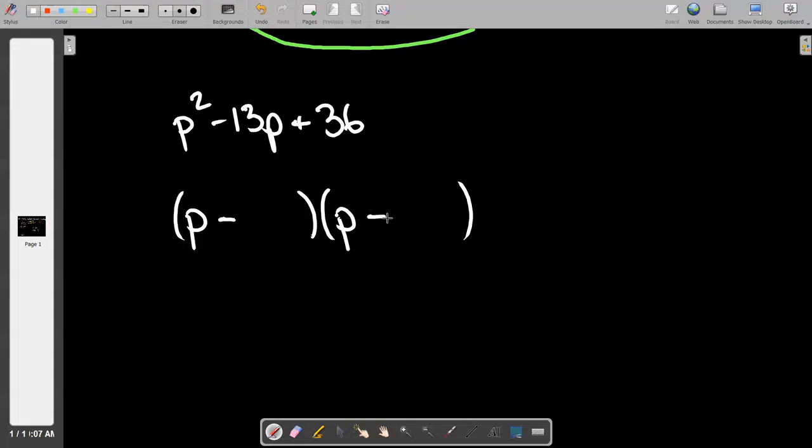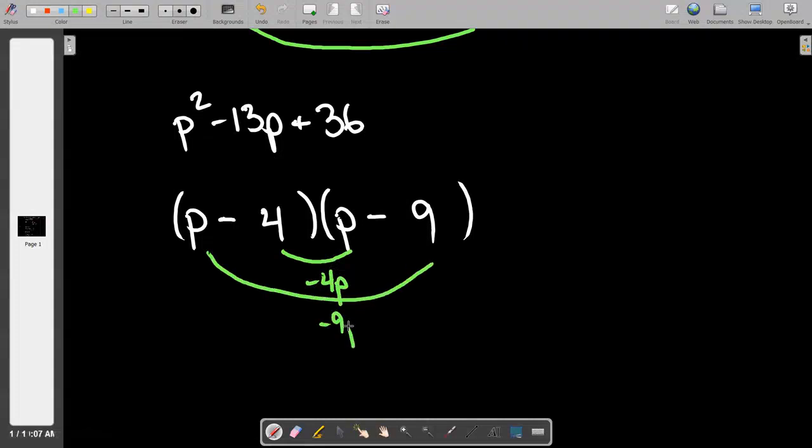What are the magic numbers? 4 and 9, of course. There's a lot of numbers that multiply to make 36, but the requirement is that you have to make sure that that times that, which is negative 4p, in addition to that times that, which is negative 9p, of course, adds to make negative 13p.